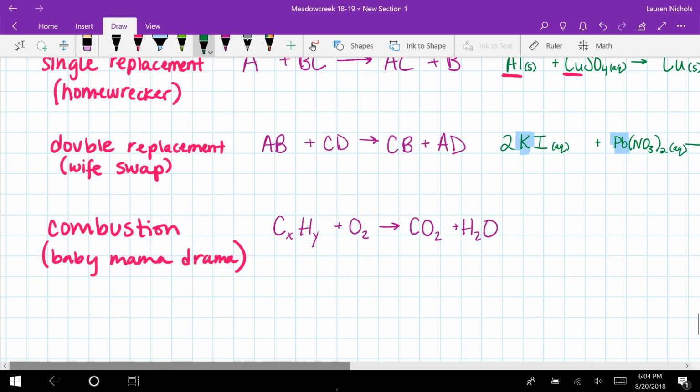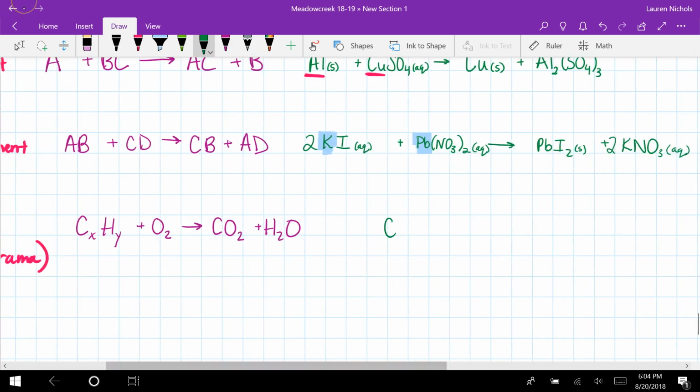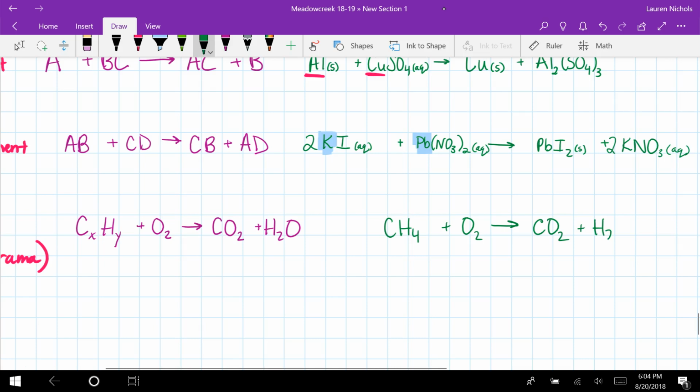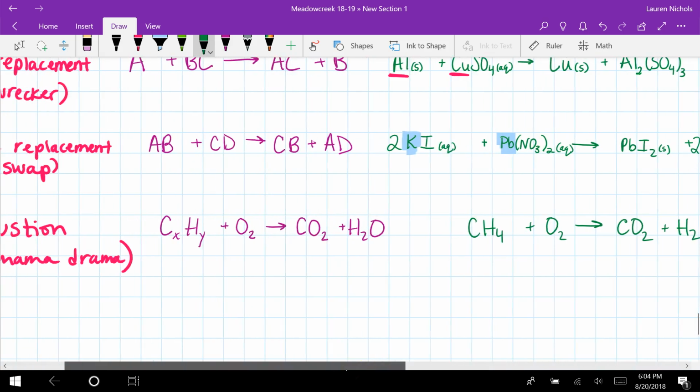So an example of this could be CH4, which is methane gas, plus oxygen, producing CO2 and water.